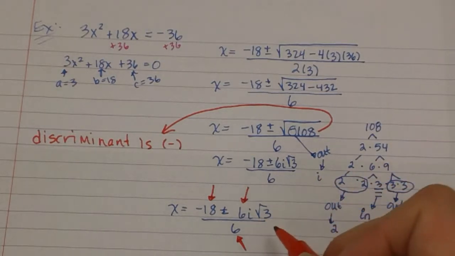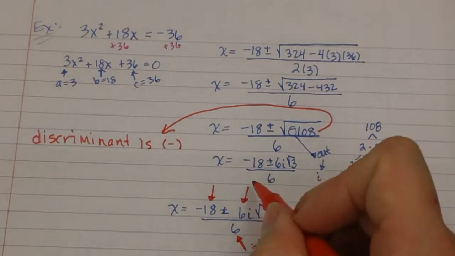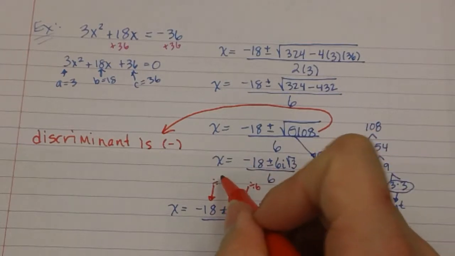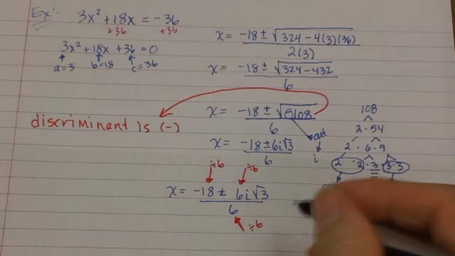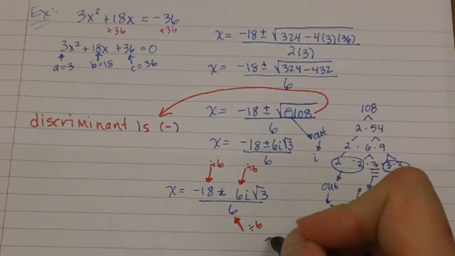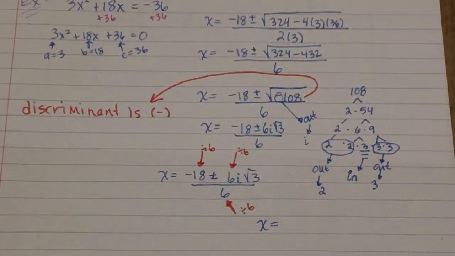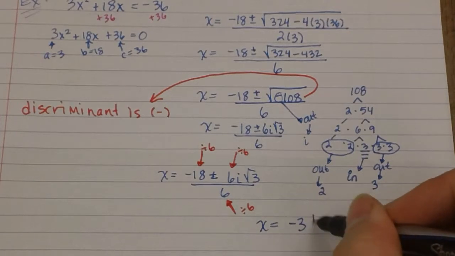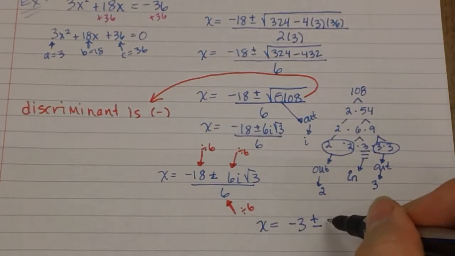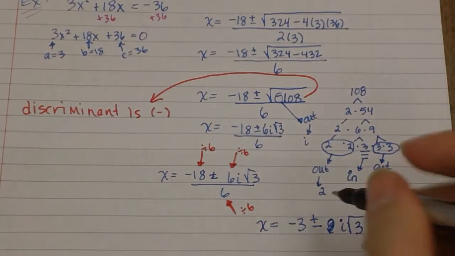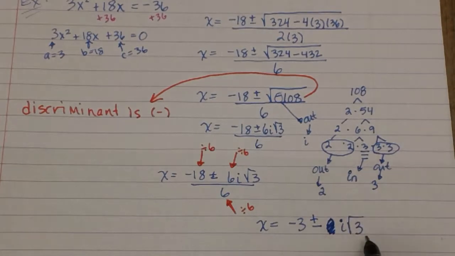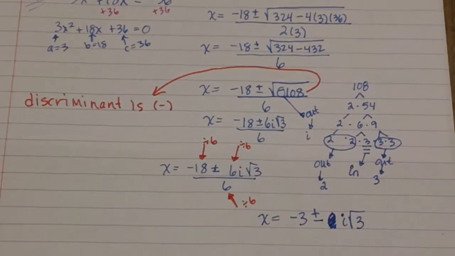And those are all divisible by 6. So we'll go ahead and simplify that way, and we will get x equals negative 3 plus or minus i times the square root of 3. And then it would all be divided by 1. We don't need to write that divided by 1.